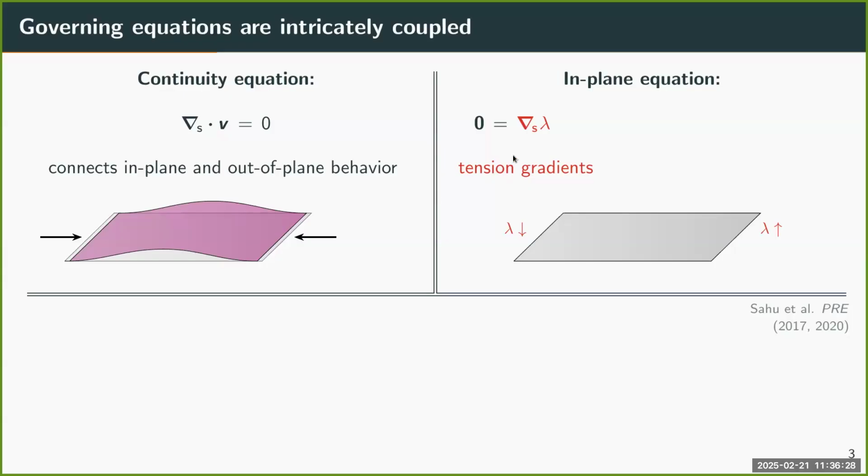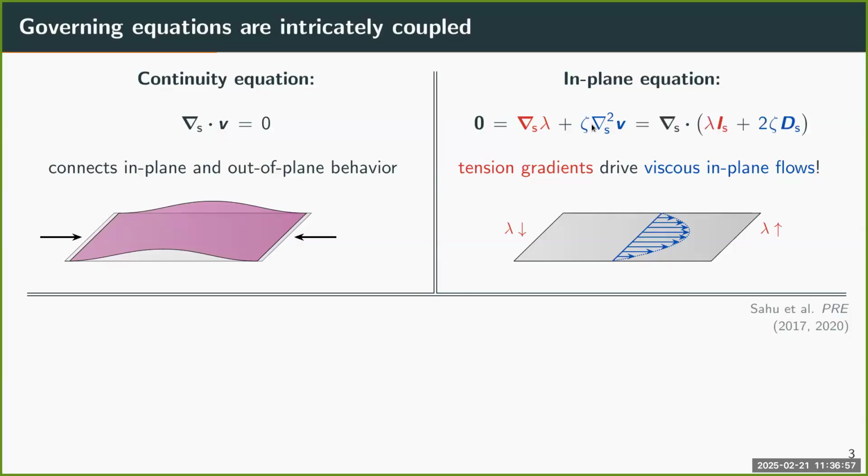Rather than talking about pressures like in 3 dimensions, oftentimes we talk about surface tensions on surfaces. This parameter lambda is the surface tension, and we can have gradients of tension. This operator is the surface gradient operator. For membranes, this drives a viscous in-plane flow of lipids. Here zeta is the 2-dimensional membrane viscosity, v is again the velocity field, and this is the surface Laplacian operator.